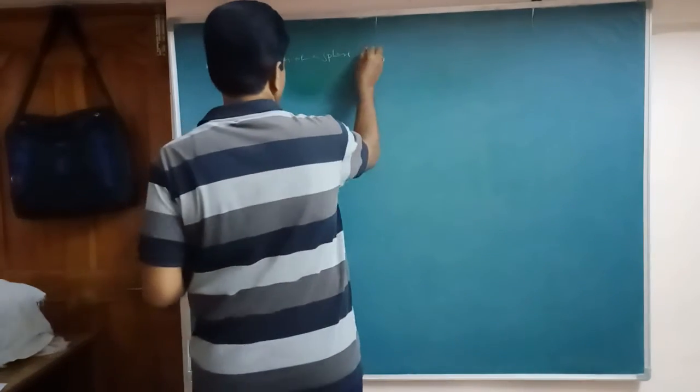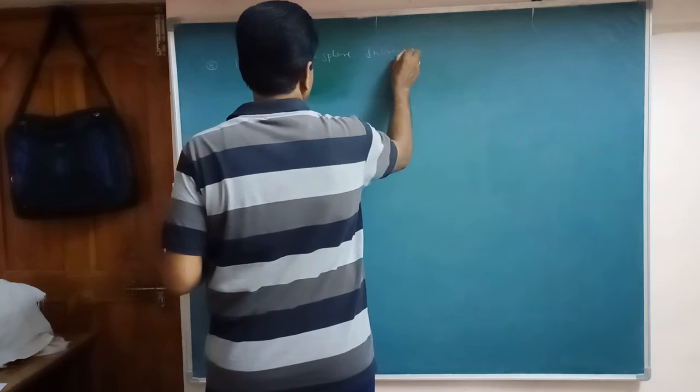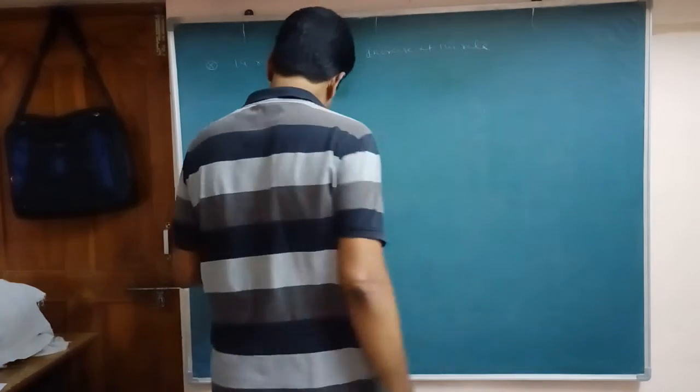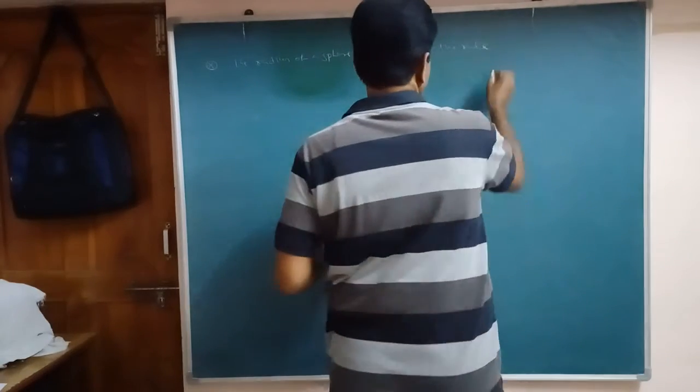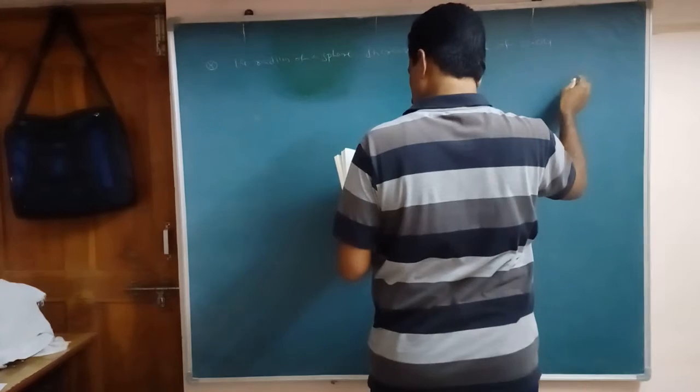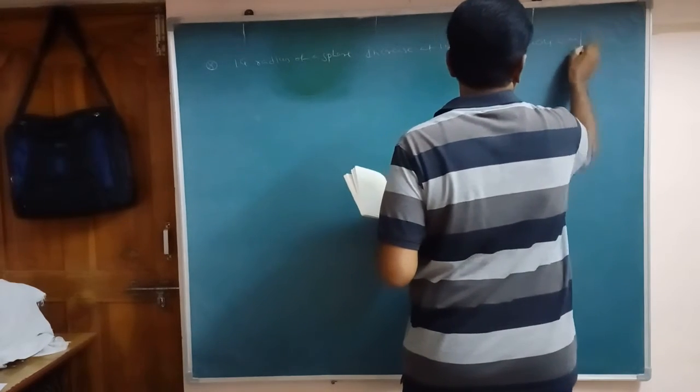Next question. The radius of a sphere is increasing at the rate of 0.04 centimeters per second.